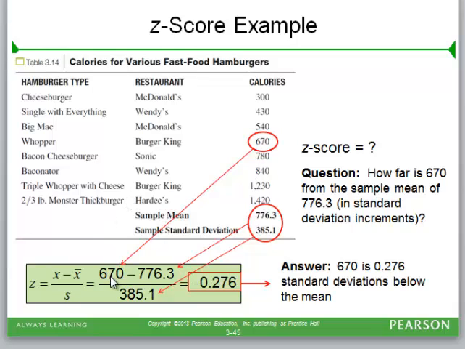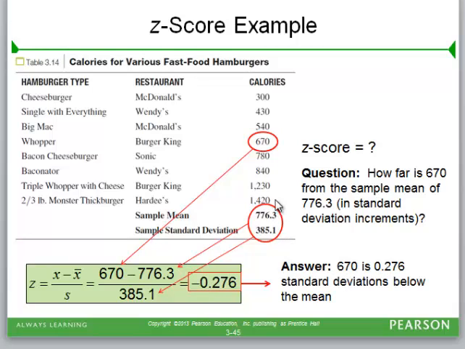So 670 minus the sample mean 776.3, divided by the sample standard deviation 385.1, and we get minus 0.276. That means there is 0.276 standard deviation difference between the number and the mean number.